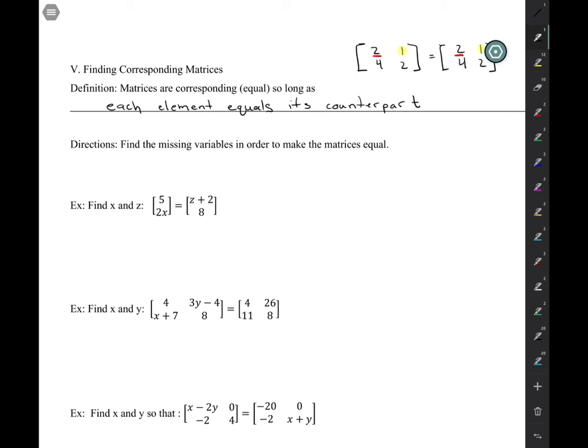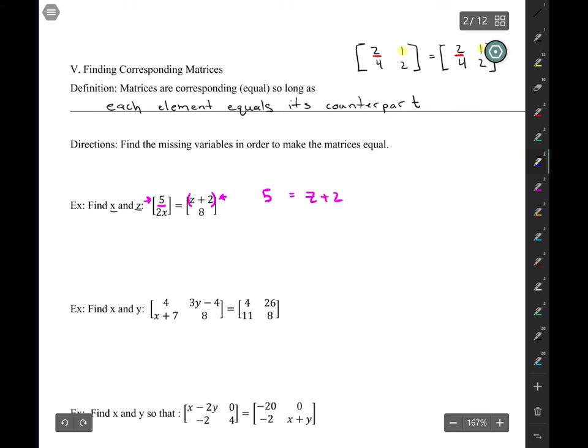So we have 2 variables we need to solve for, x and z. And so these are the same size matrix. Don't be confused because you have z plus 2 up there. But basically what we have is that in this first cell of each, we have the equation 5 equals z plus 2.